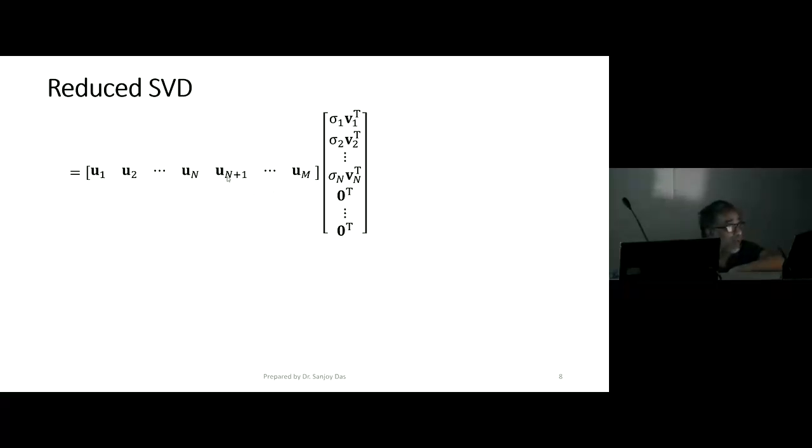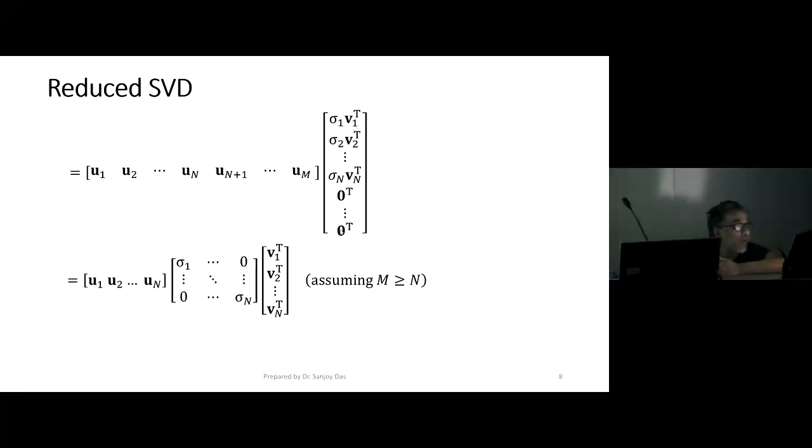So I can simply ignore this, remove these columns, Un plus 1 through Um, from U, and drop these rows. And then what I get is sigma 1 V1 transpose until sigma n Vn transpose, this vector, and I skipped a step, I refactorized it into sigmas and V's. So this is what I get.